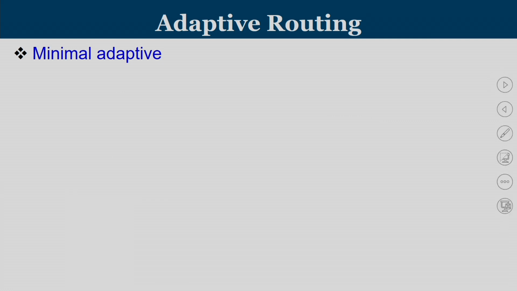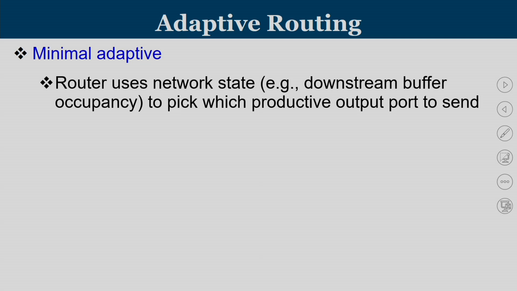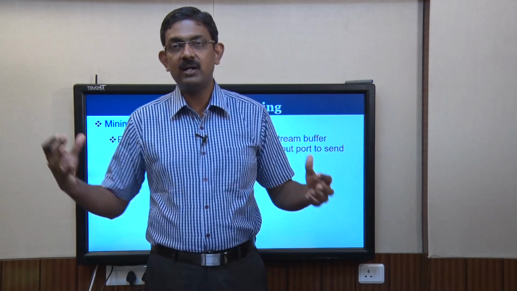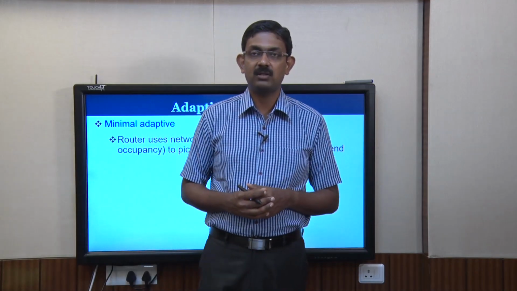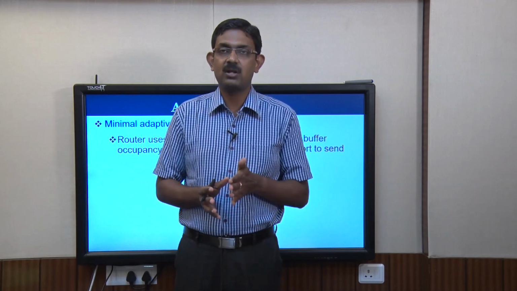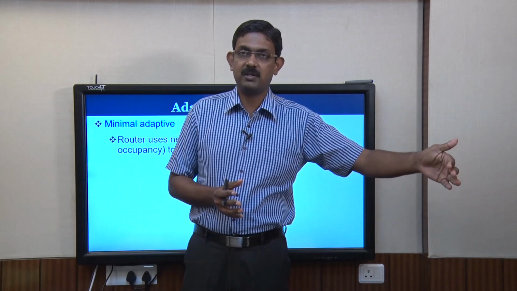One is called minimally adaptive. In minimally adaptive routing, the router uses network state: I consult about the status of the downstream router. The router where the packet currently is, is called upstream, and the next router is called downstream.